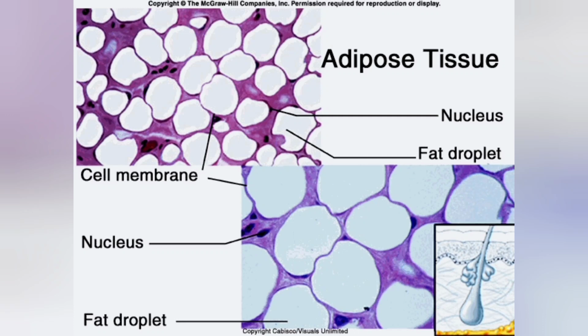The second type is adipose tissue. It is a connective tissue which is specialized to store fat. Fat is stored inside cells called adipocytes. They are large cells with one or more globules of fat and a peripheral cytoplasm with the nucleus at one end.